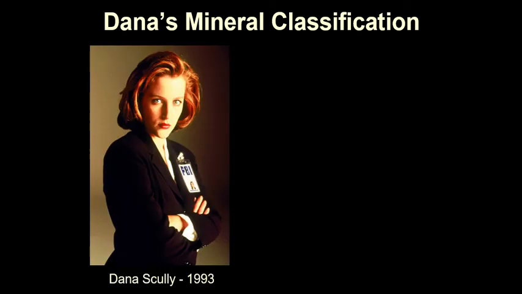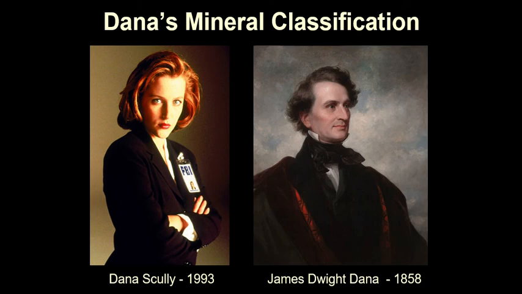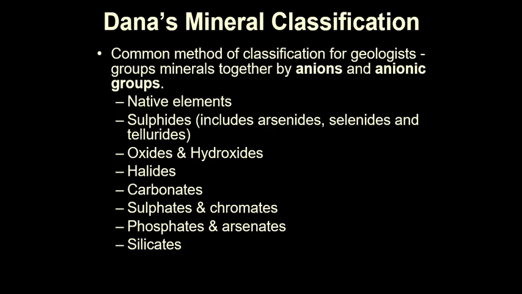So this brings us to this form of classification of minerals named after someone called Dana. No, not that one. This one, James Dwight Dana, who came up with mineral classification in 1858. In this common method of classification for geologists and mineralogists, minerals are grouped together by anions and anionic groups.